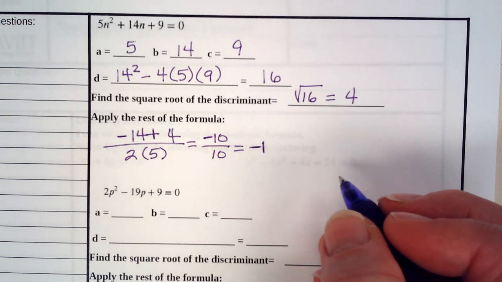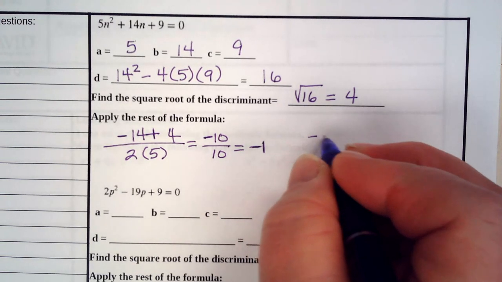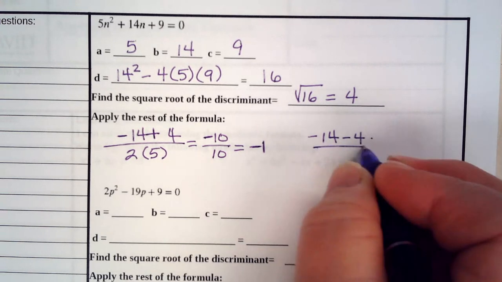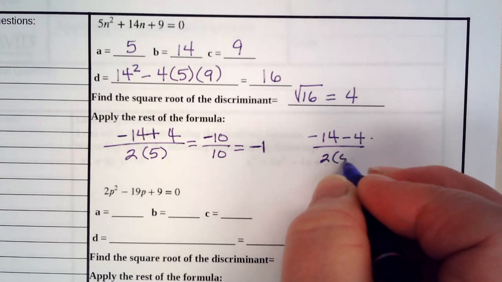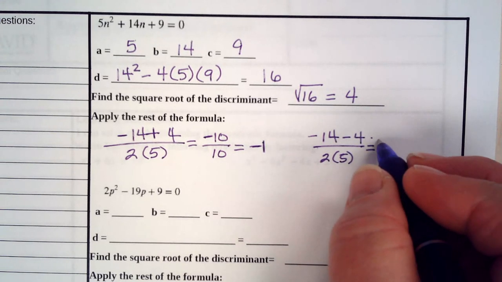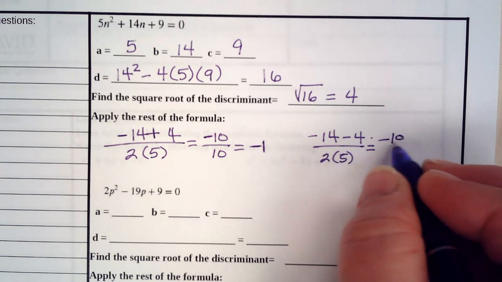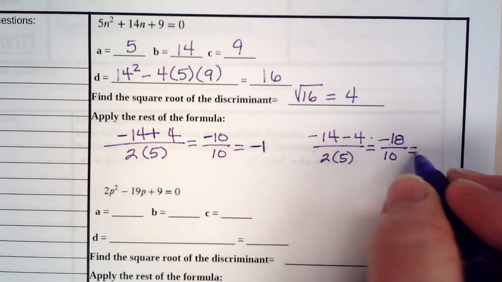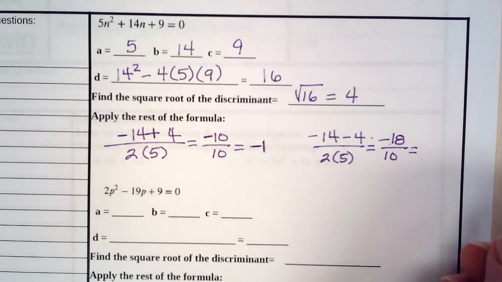The second time you subtract. Negative 14 minus 4 over 2 times 5. Negative 14 minus 4 more is negative 18 over 10. Can I simplify?